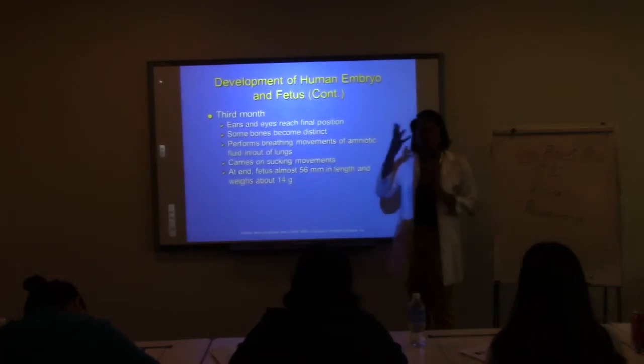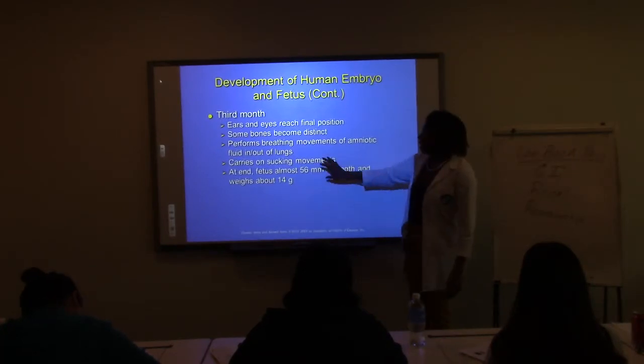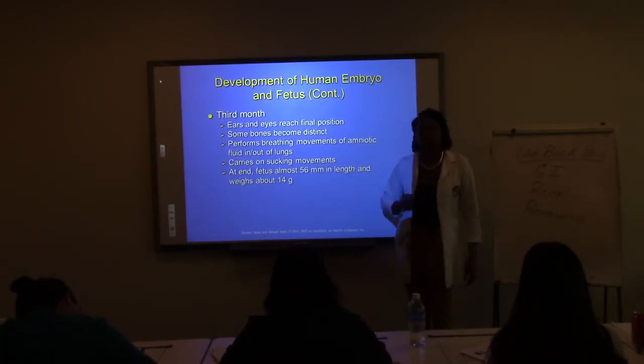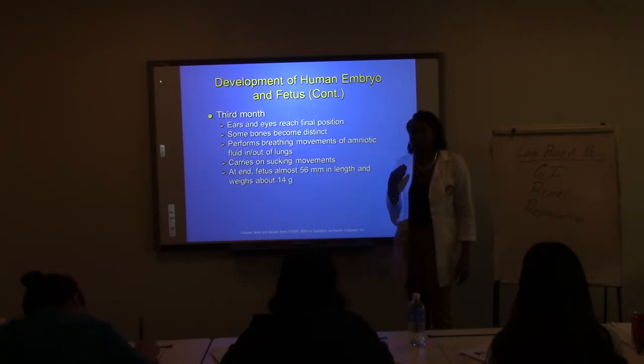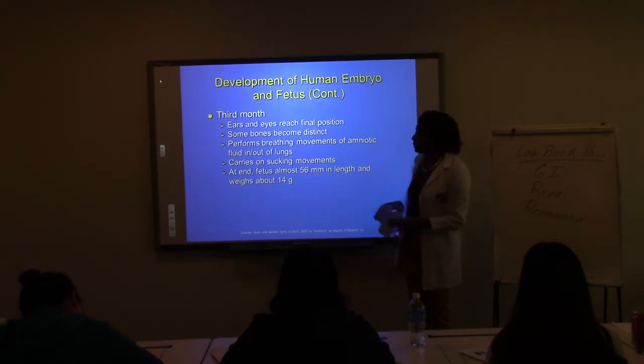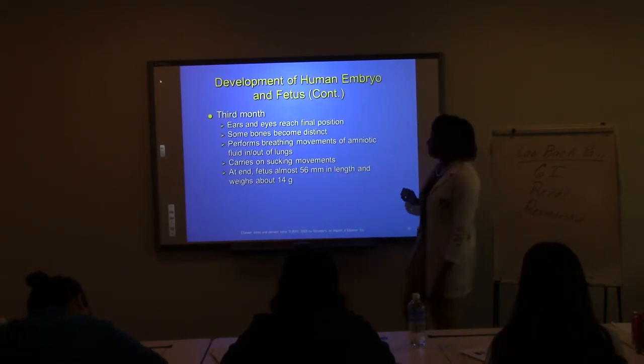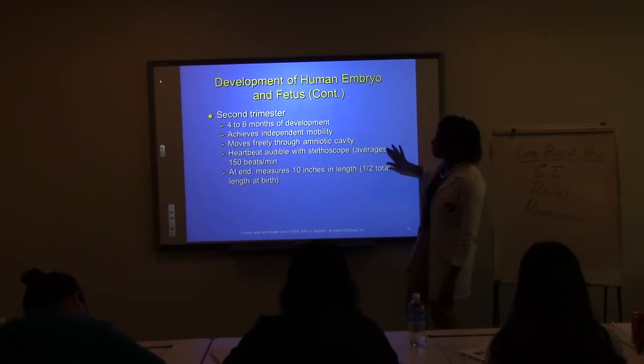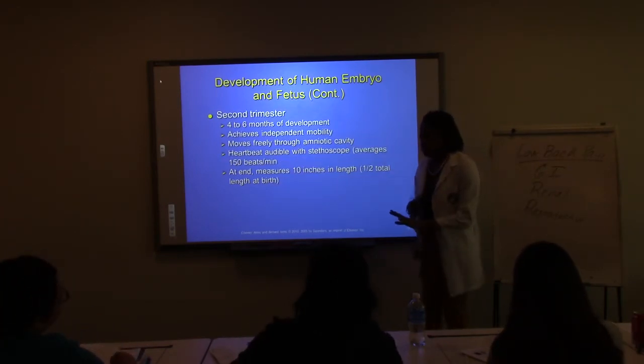They are not breathing air. Babies also carry on sucking movements here, which is a good thing, because you want them to start practicing suckling, since that's what they're going to be doing to feed when they're born. And they give you the length and the weight there. Do we have to memorize that? No, you don't have to memorize the weight.